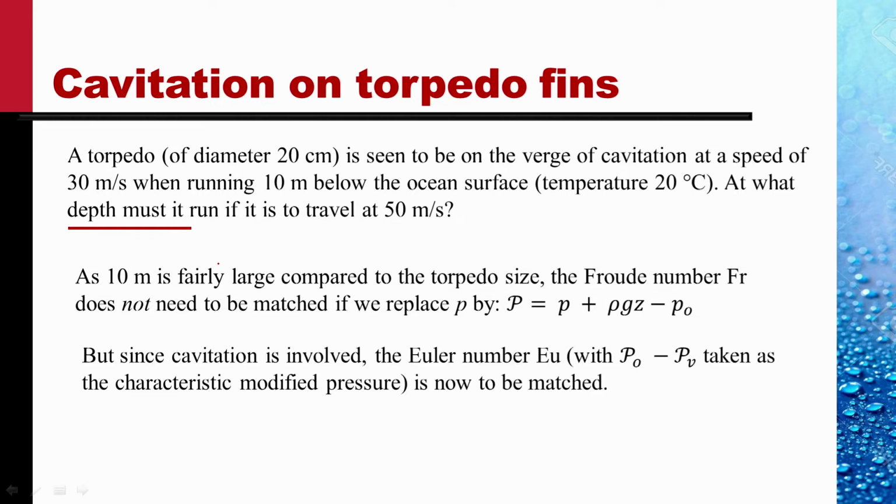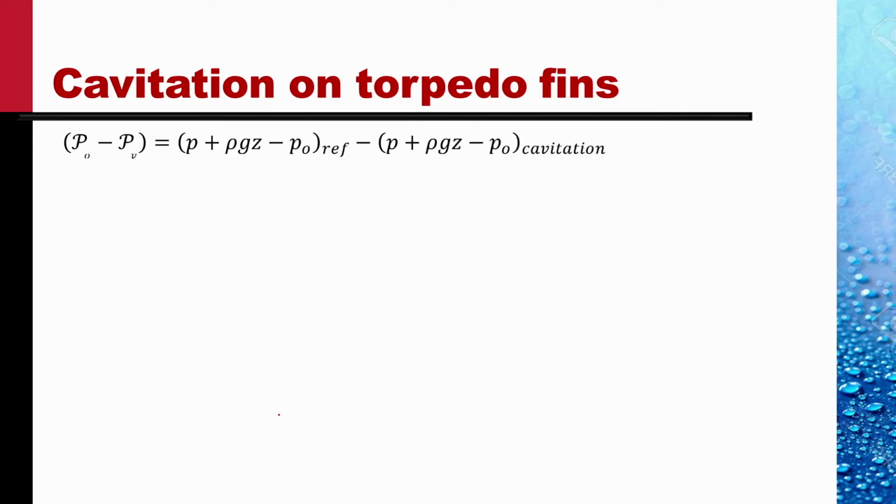But since cavitation is involved, the Euler number is now to be matched. And the Euler number must be defined with P naught minus PV taken as the characteristic modified pressure difference. That is, these two values, one for the prototype and the other for the model, must match.